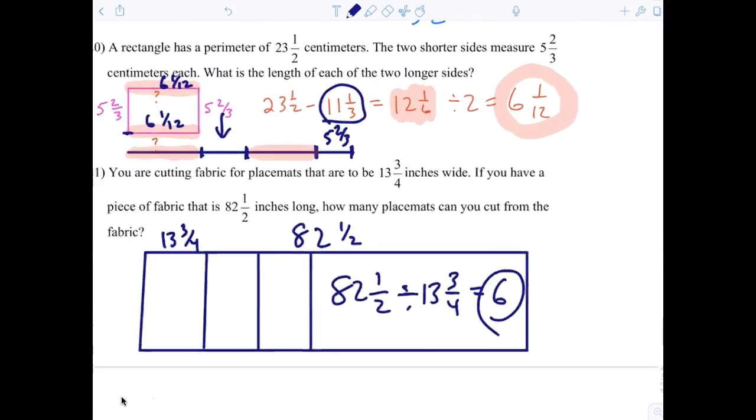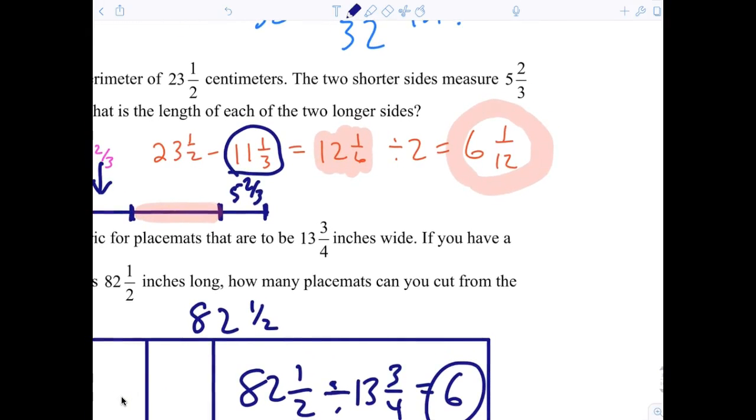So it was 6 1/12 what? I should have put 6 1/12 what? Centimeters. Because it's a length. You understand me? A length is a single unit. Area is 2 units. Volume is 3 units. 2 units we say is square. 3 units is cubes. All right? But we're going to talk a lot about that this year.